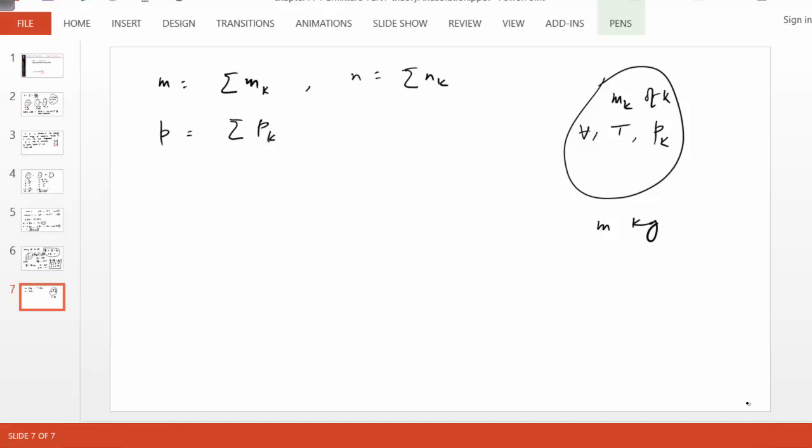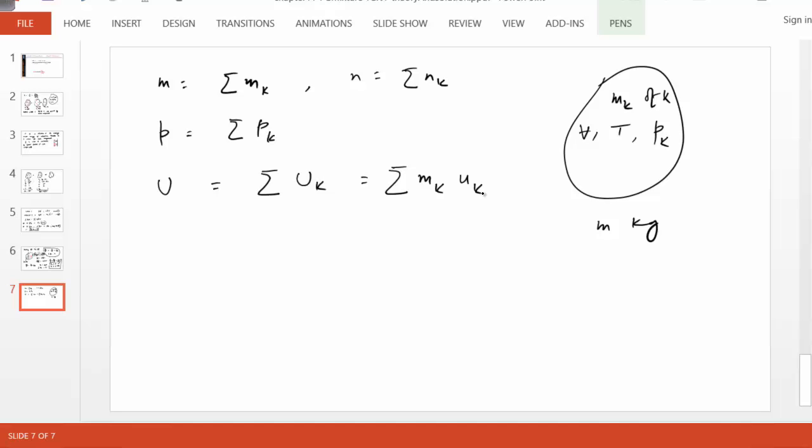And now suppose we want to calculate the internal energy U of this mixture. It will be the summation of the partial internal energies of the mixture, which is mk times uk. uk is the internal energy of the component k.